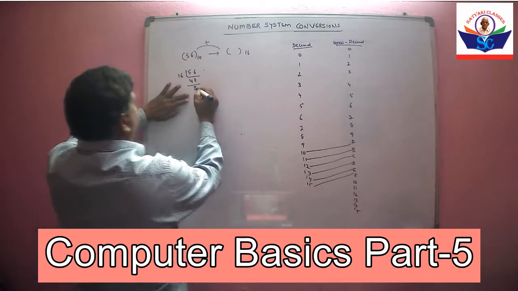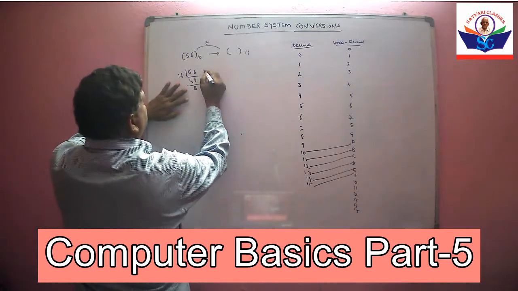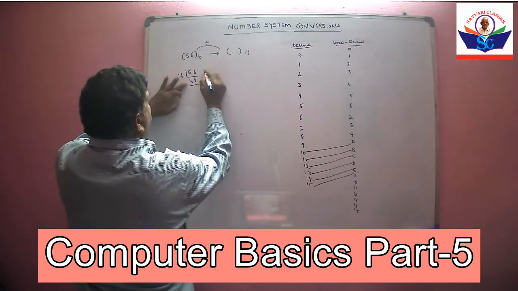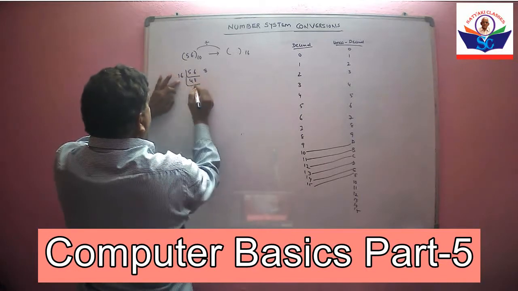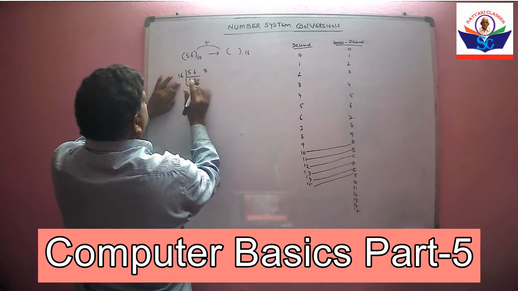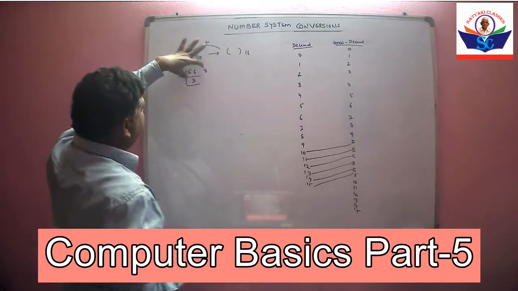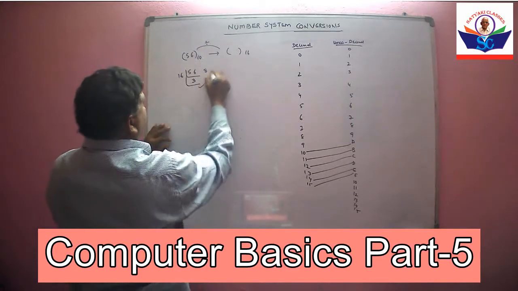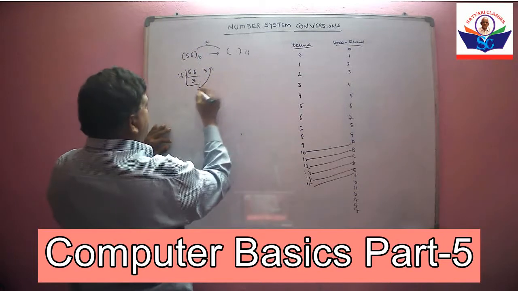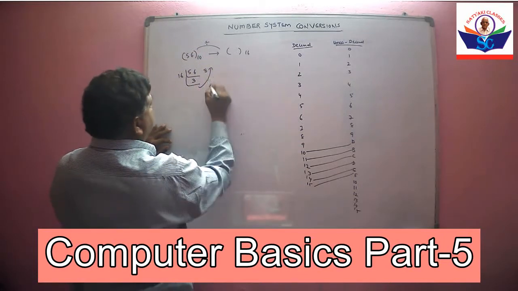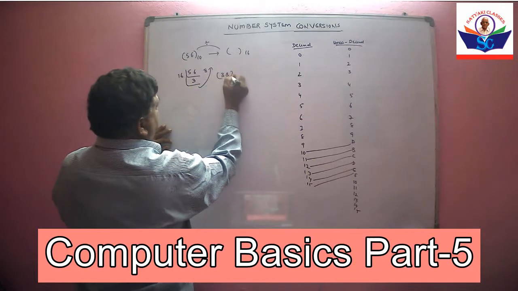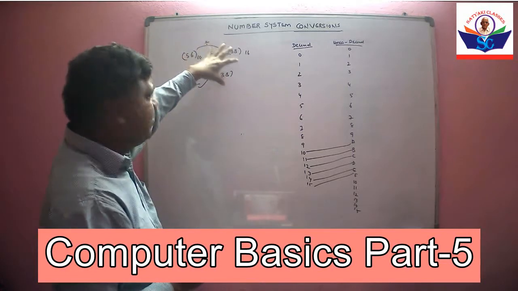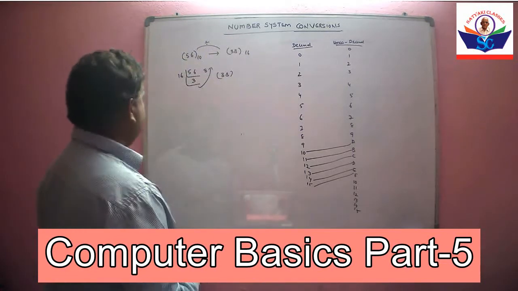What is remaining? 8. Remaining is 8. Now write it from bottom to top. That means 3 and 8. So 56 in decimal is equal to 38 in hexadecimal.